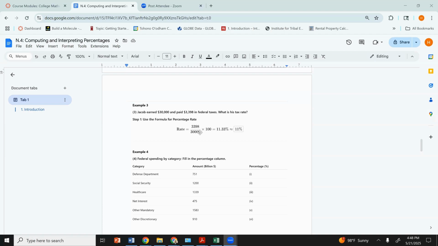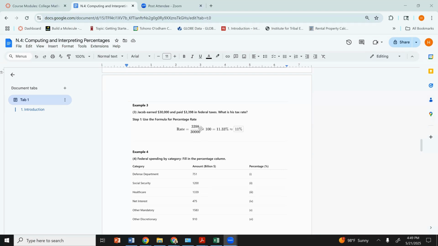If he's paying 3,398, what percentage of his total earning is that? And that would be the tax rate, because you need to pay that in taxes according to this question.